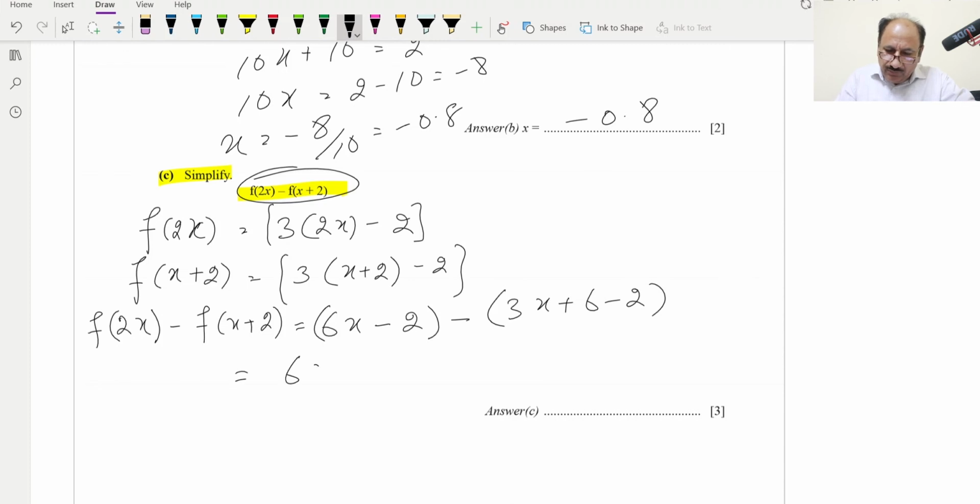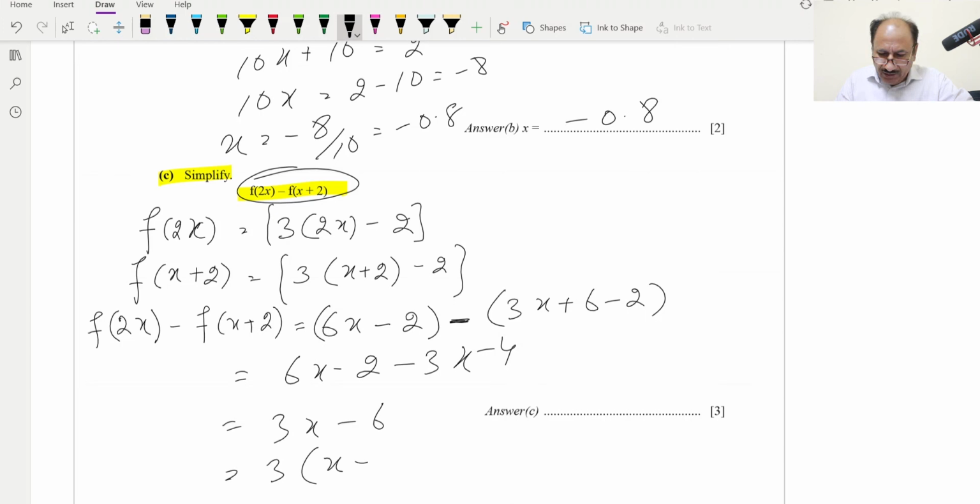This will be 6x minus 2 minus 3x, and 6 minus 2 will be plus 4, and multiplied by minus, this will be minus 4. So this will be 3x minus 6, or we can take 3 common, and inside will be x minus 2. So 3 into x minus 2 will be the final answer for 3 marks.